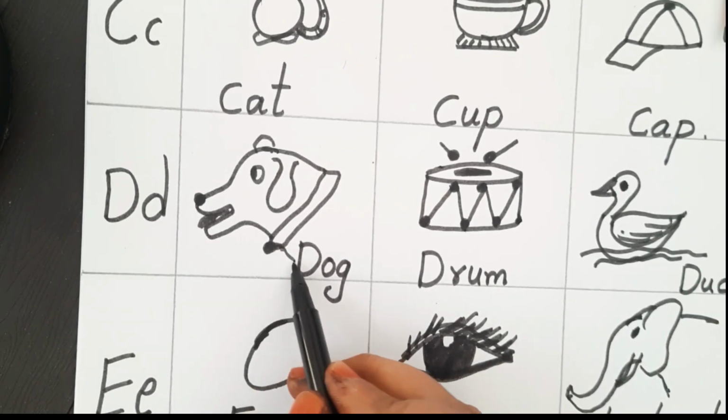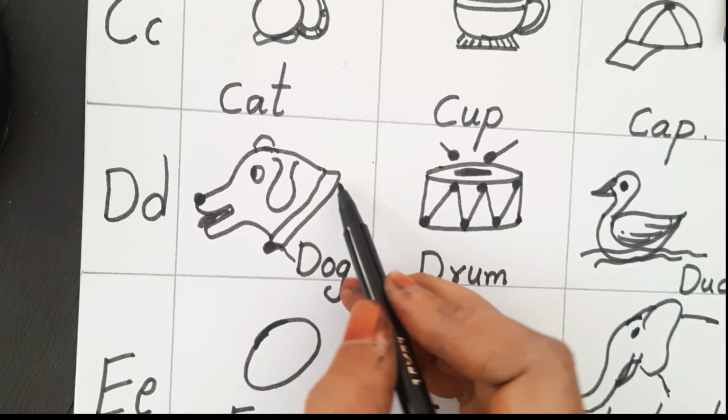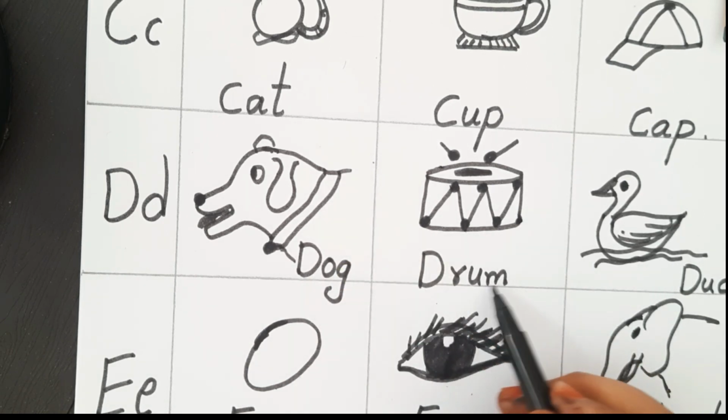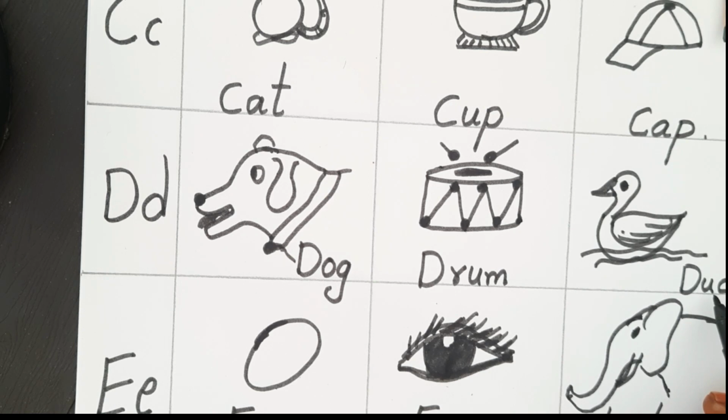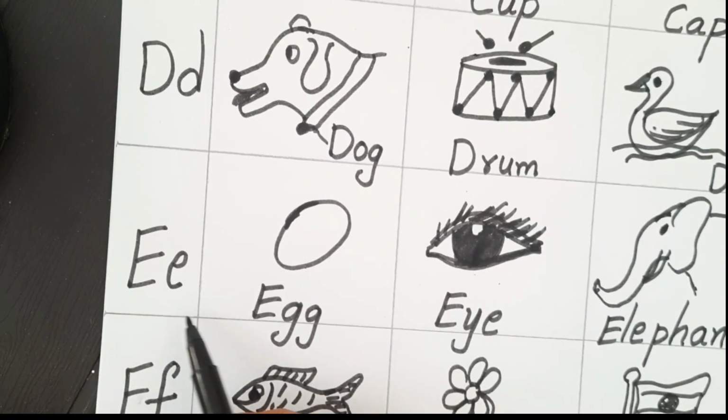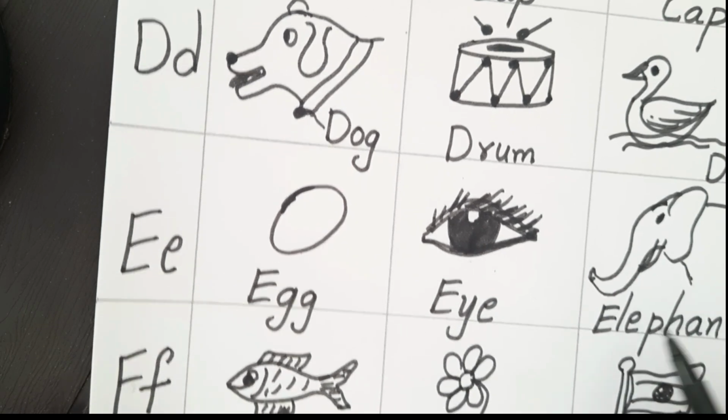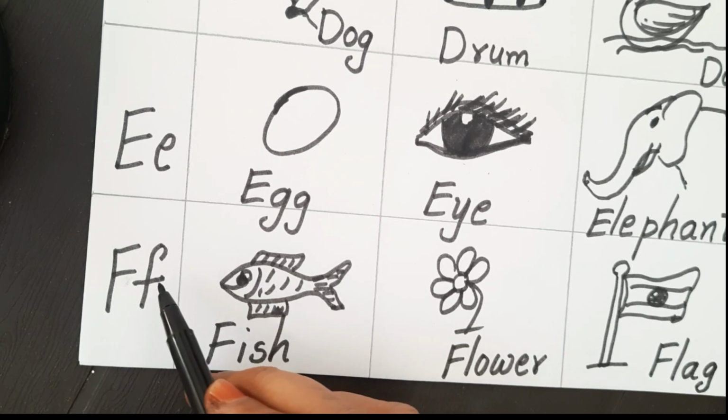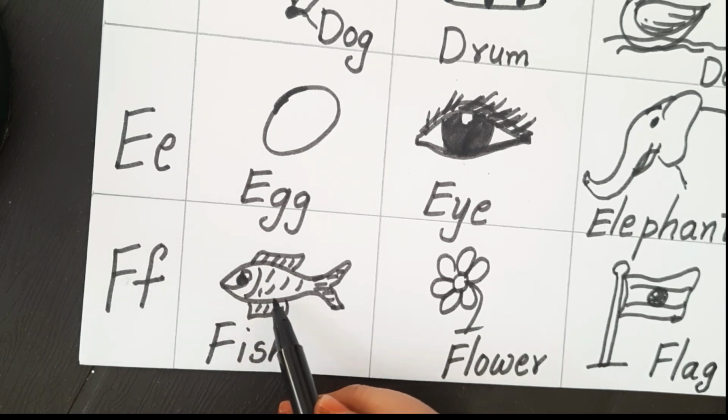And D for dog, drum, duck. E for egg, eye, elephant. And F for fish, flower, flag.